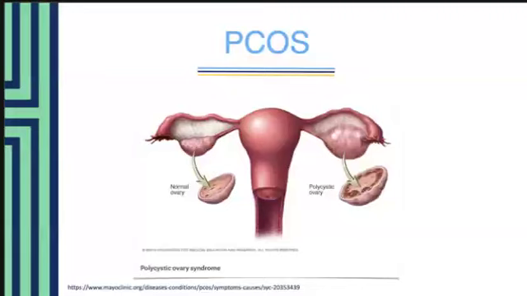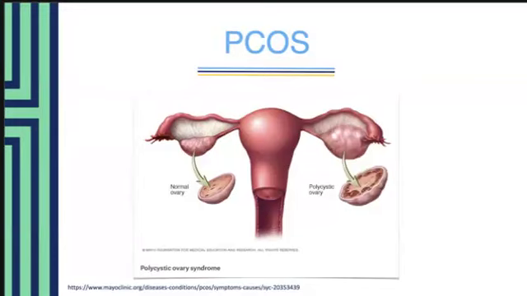And this inability to regularly ovulate is a major cause of infertility in women with PCOS. The hormonal imbalances in PCOS, particularly the elevated androgen levels and disrupted gonadotropin secretion, impair normal ovulation.